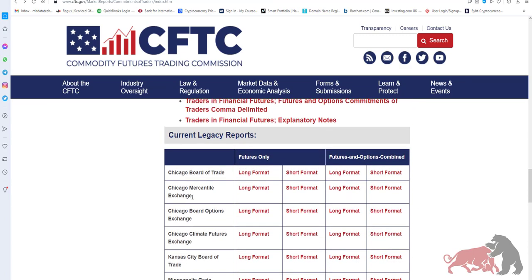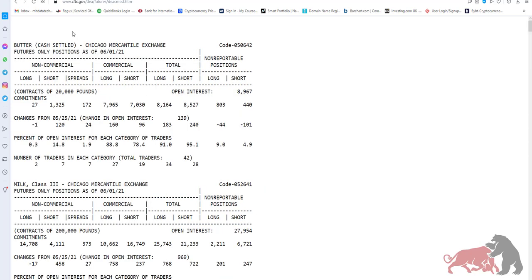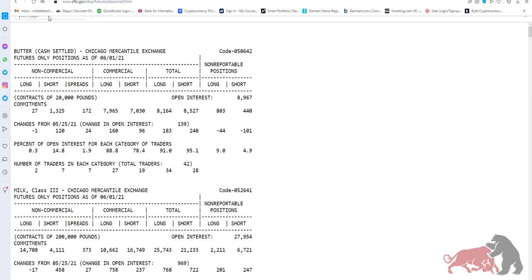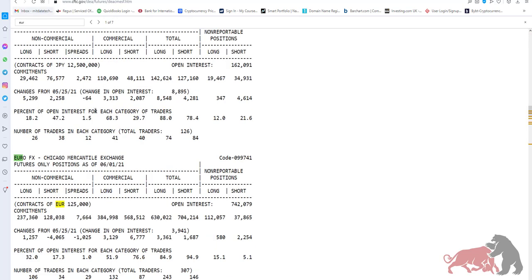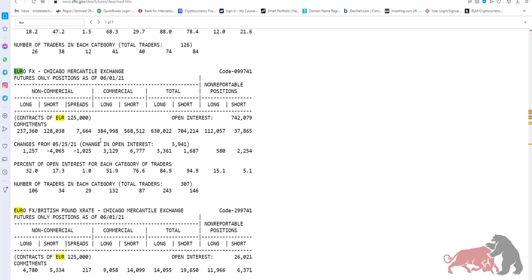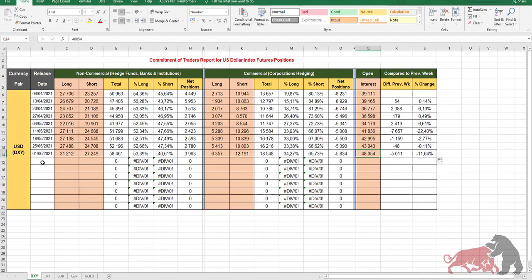Now let's see what the COT numbers are telling us regarding the euro. That means we're going to the Chicago Mercantile Exchange. We need the short format. Control F, we need euro. Now here are the euro futures only positions as of the 1st of January.